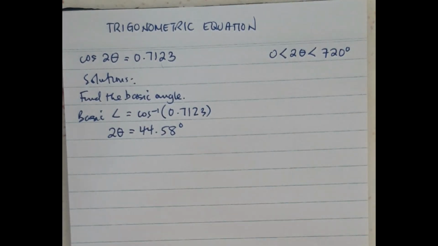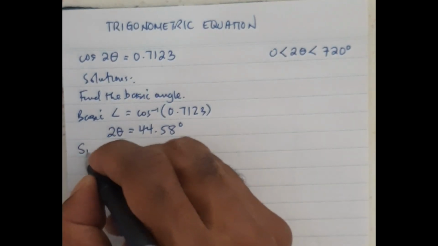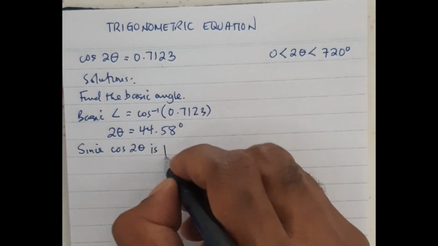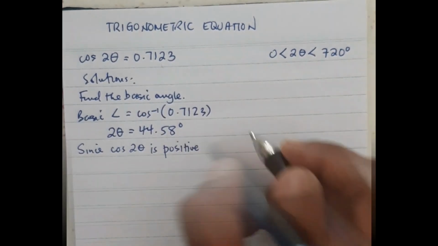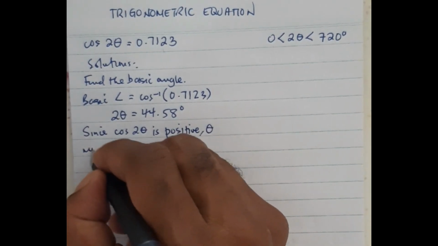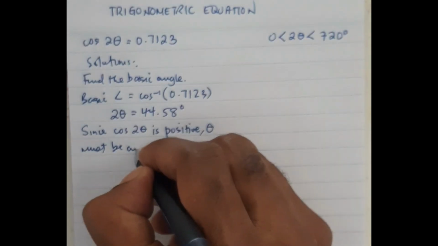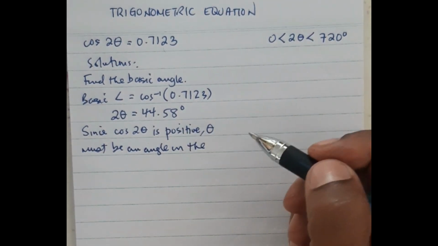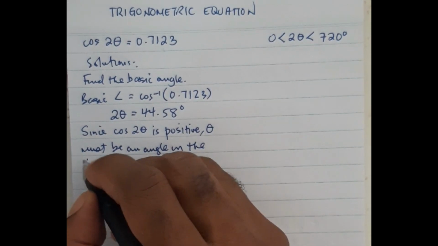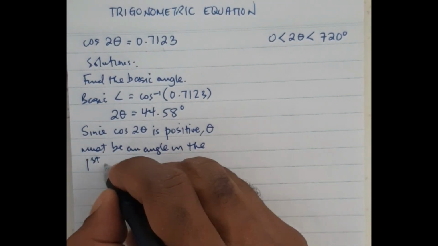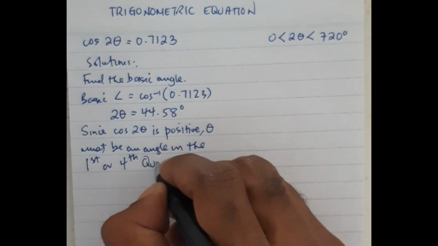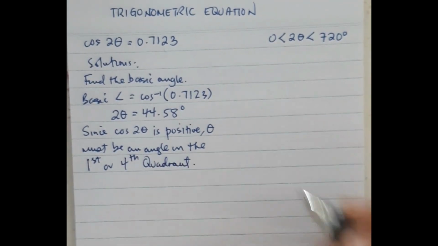The next step is to decide where the angles will be found in the different quadrants. So we state: since cos 2 theta is positive, theta must be an angle in the first or fourth quadrant.